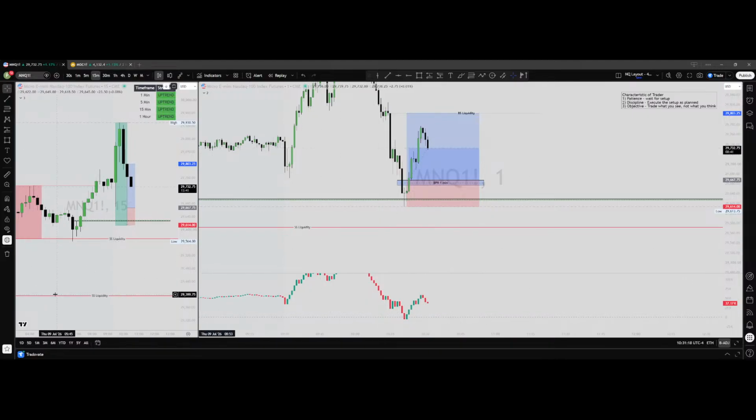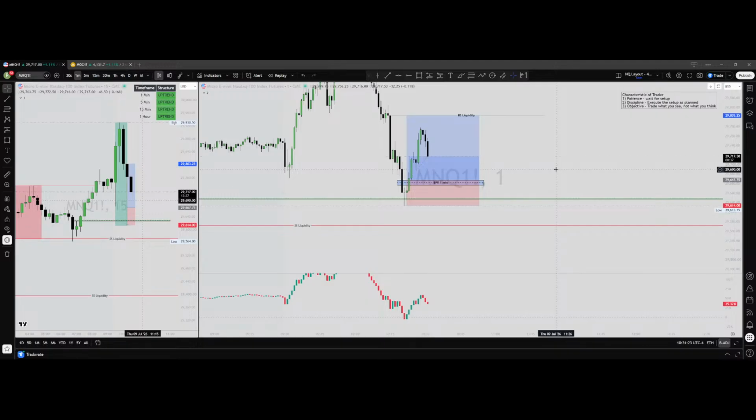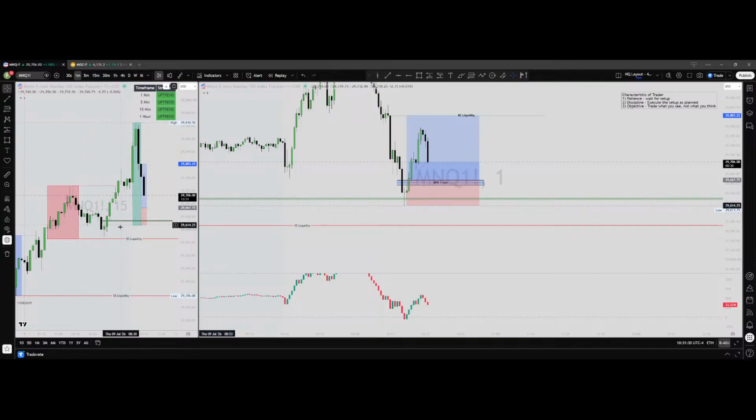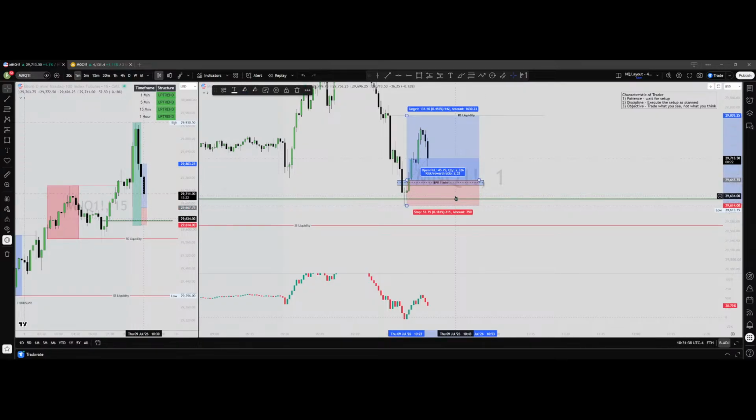I've seen my draw on liquidity is 30,600, which is way higher. I'm going to look to enter at 29,667.